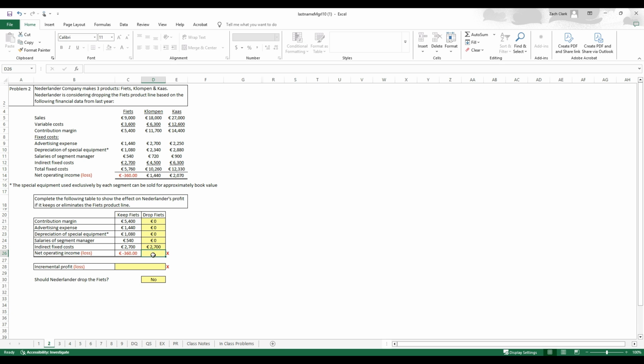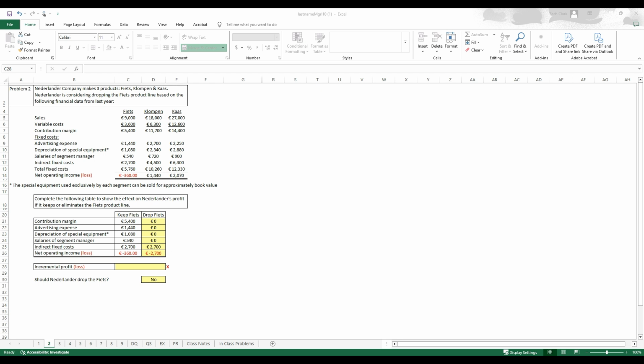Regardless of the fact that there's no income and no margin anymore, we still have the cost associated with the indirect fixed cost that's going to be allocated out to the other departments. And so that is going to have a negative impact on our bottom line.